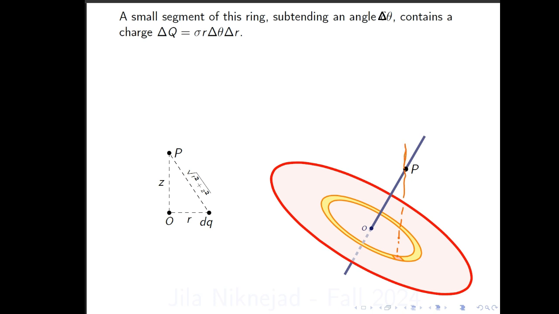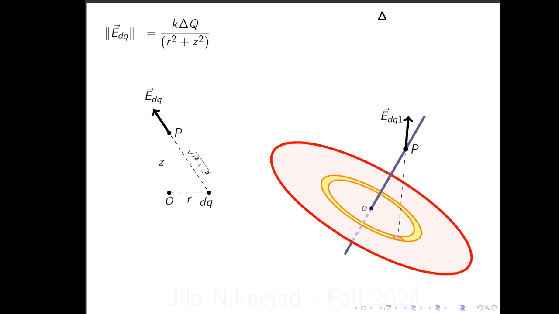We call that field E sub dq. Now, field E dq is due to the charge delta q at distance square root of r squared plus z squared.